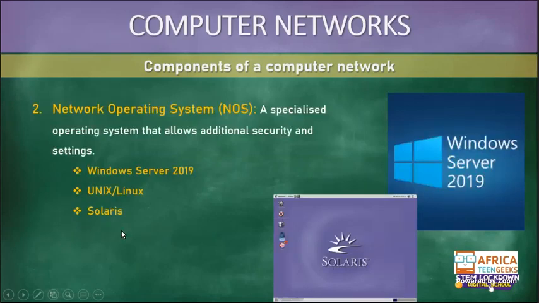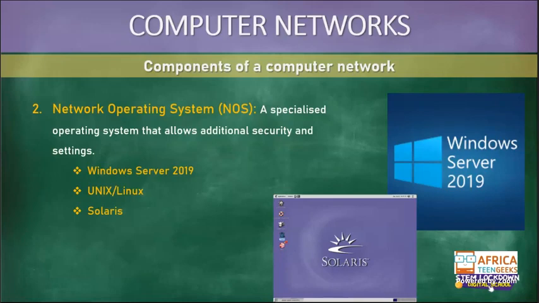The second component is the network operating system, NOS, which is a specialized operating system that allows additional security and settings. Examples of these, we have been talking about these ones.